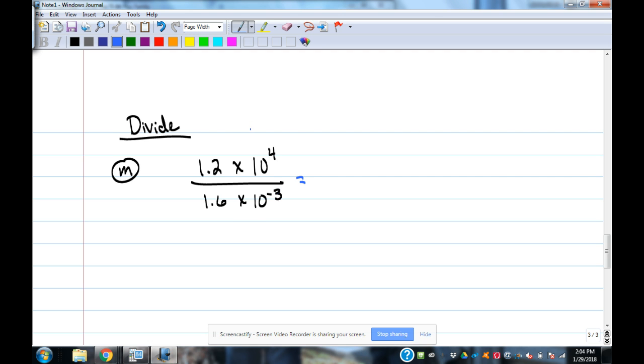Subtract the exponents on the tens. So 4 minus negative 3. I heard negative 7 and I heard positive 7. Yeah, 4 minus negative 3 is double negative, so that makes a plus. So it ends up being positive 7 on that. Be careful on your signs there.